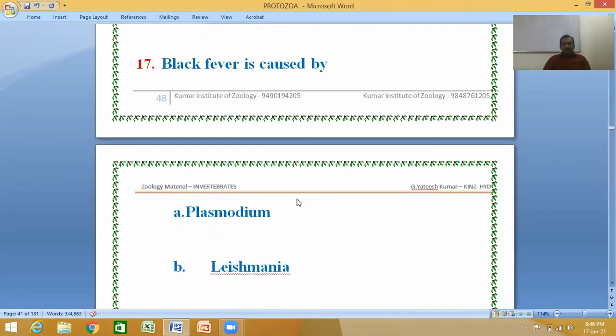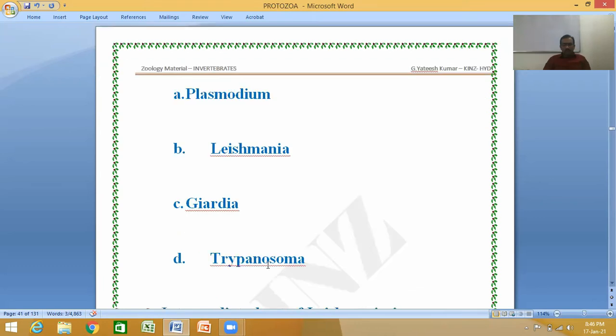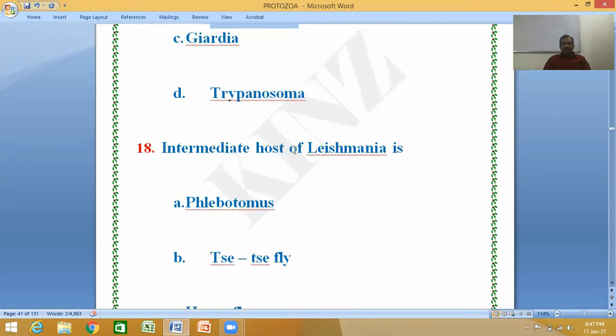Black fever is caused by Plasmodium, Leishmania, Giardia, Trypanosoma. Leishmania causes Kala Azar, also called black fever. Leishmania is digenetic, and two hosts are there: human beings, and another is Phlebotomus argentipes.